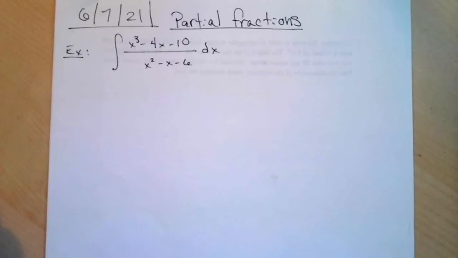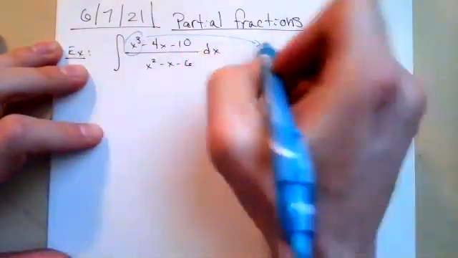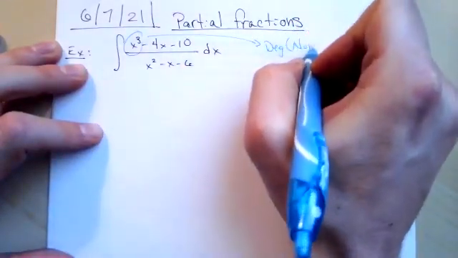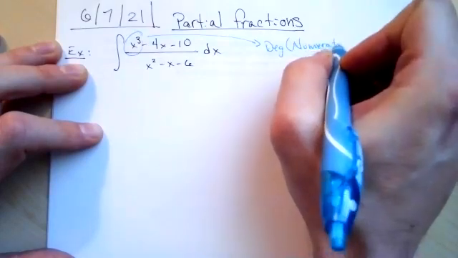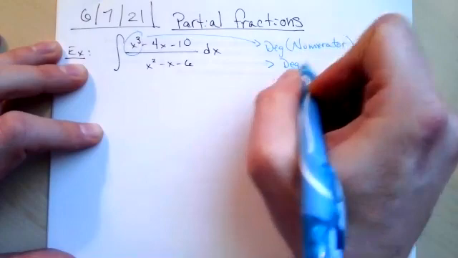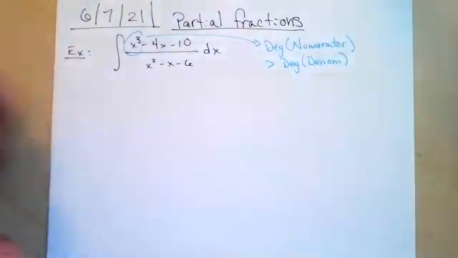And so the first thing we notice with this is that the degree of the numerator is bigger than the degree of the denominator.